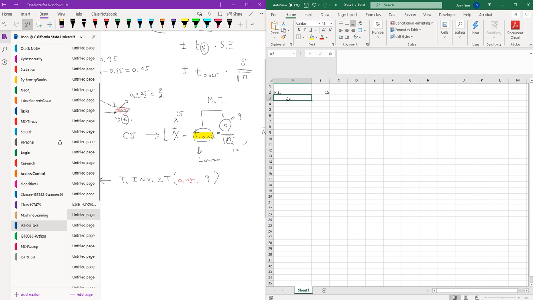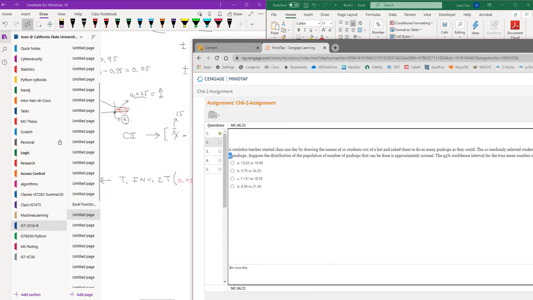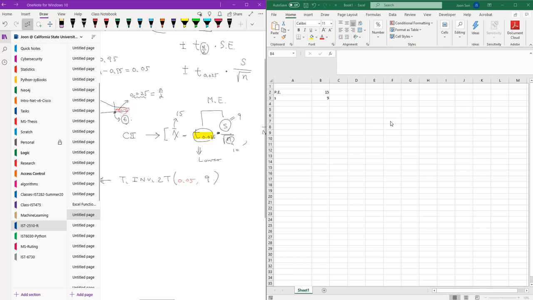And the sample standard deviation is 9 push-ups. So you can see the standard deviation is 9 push-ups.